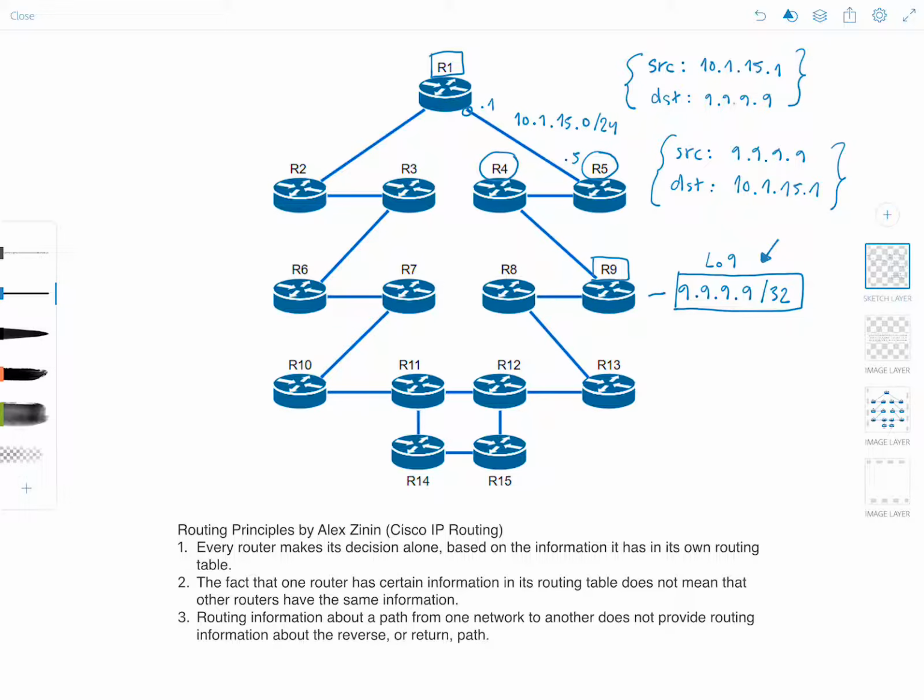Now this has completely changed. So there's no guarantee that R9, R4, or R5 have a route to this address. Well, R5 would have it because it's directly connected, but R9 and R4 would need to know about this network to be able to route the packet back to R1.